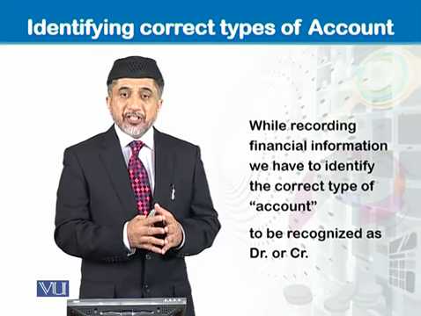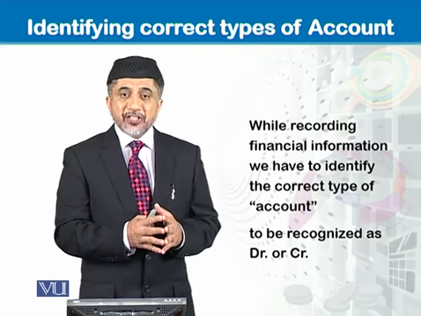Once again, remember this point that has already been emphasized, that assets are in control of the entity. These are the economic resources which are in control of the entity. If these are not in control of the entity, these can never be our assets.